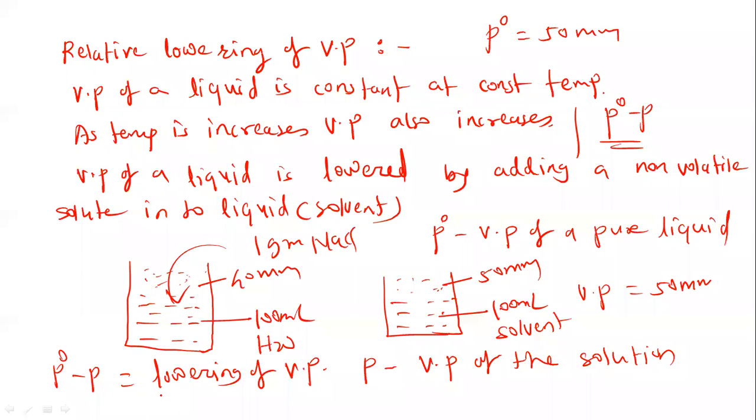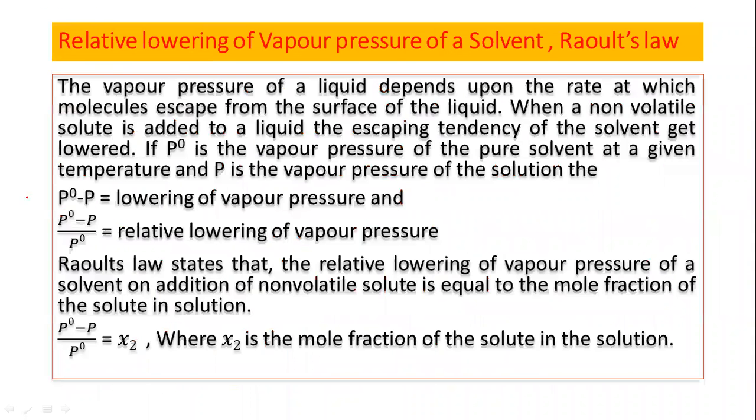Now, what is the relative lowering of vapor pressure? P0 minus P is the lowering of vapor pressure, and P0 minus P upon P0 is the relative lowering of vapor pressure.